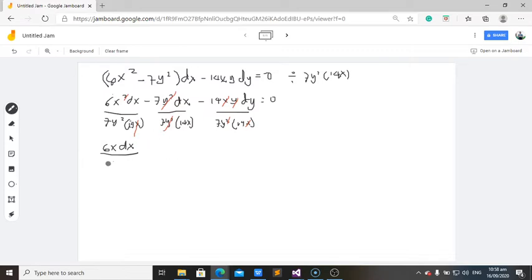So we have 98y squared minus dx over 14x minus 14 dy over 98y equals 0.